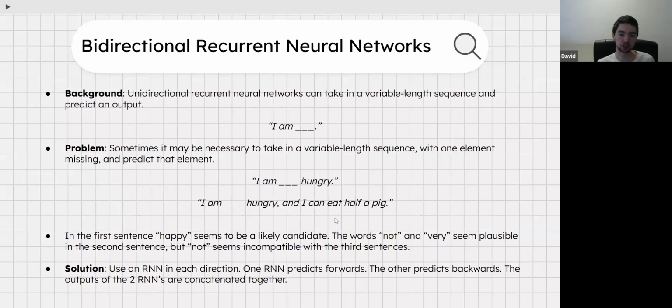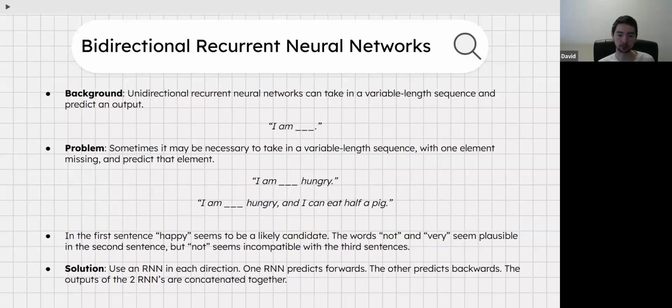So, I am blank. You can think of a word that goes in there. This could be a name, like I am David, or it could be an adjective, like I am happy. But in some cases, you may want to predict based on the context after the word as well as before the word.